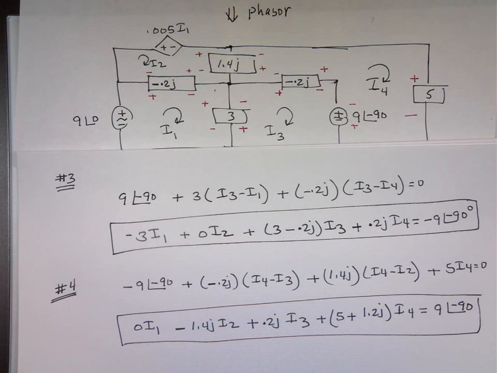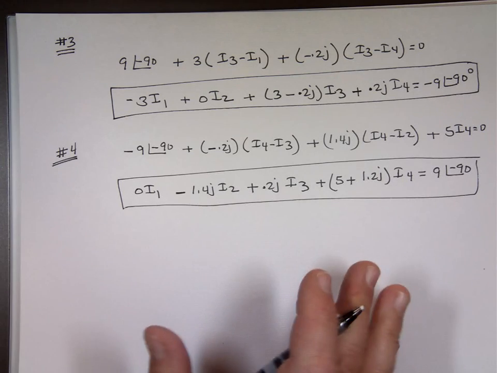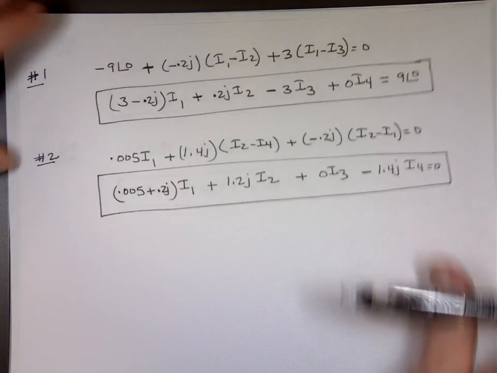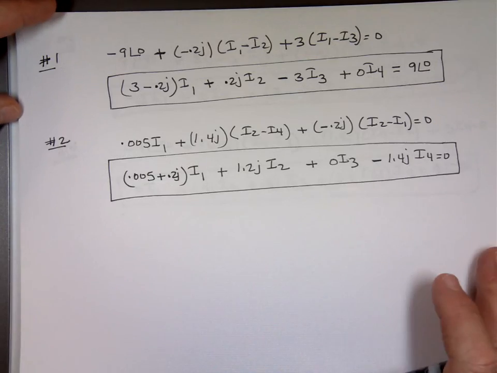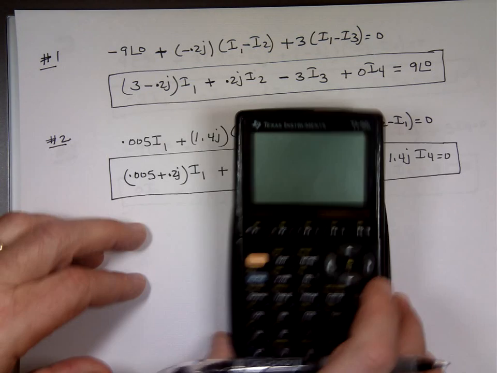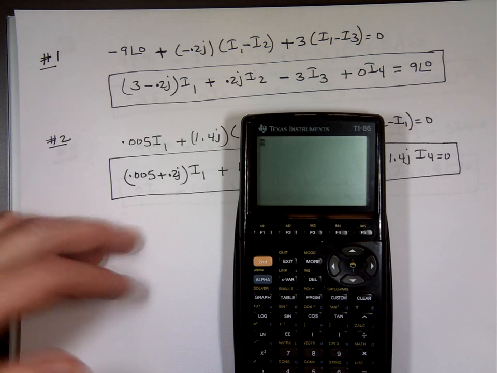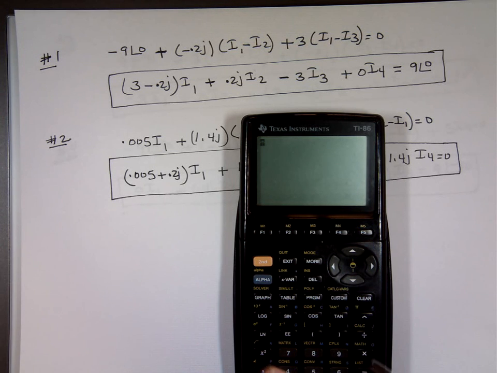Now I pull my calculator out. You can do them by hand, but I got my friend here. My friend says, I want to solve these equations. What I'm doing on my calculator here is like Phasor.